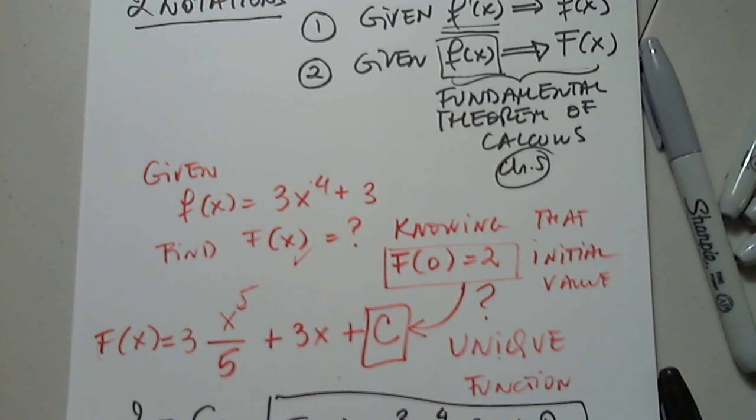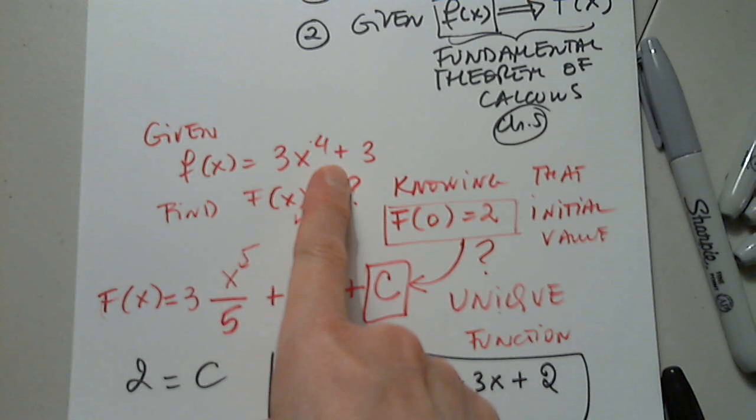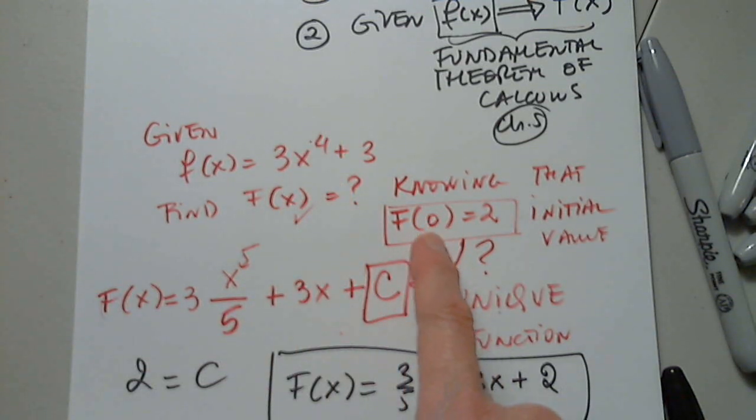No longer the most general, no longer a family of functions, but a unique function whose derivative is that, but also passes through the point 0, 2. Any questions on this?